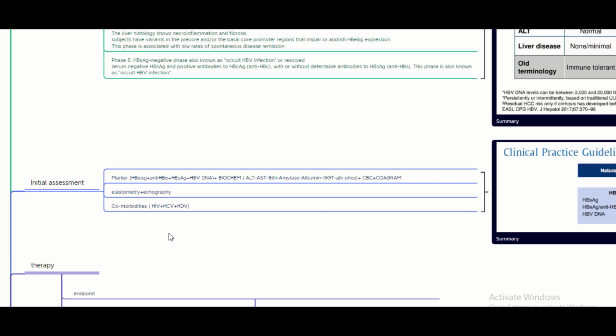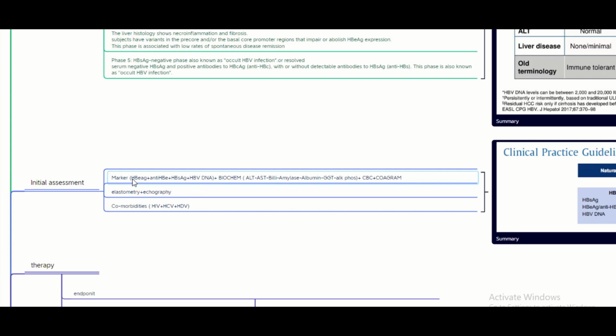This includes serology for HBe antigen and anti-HBe, HBs antigen, and HBV DNA. These are the first ones we need to do.